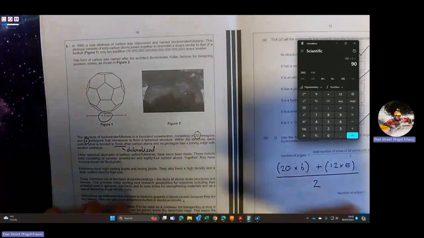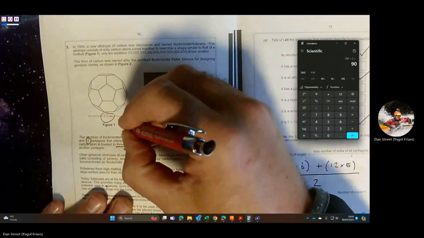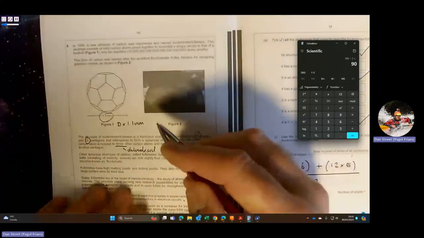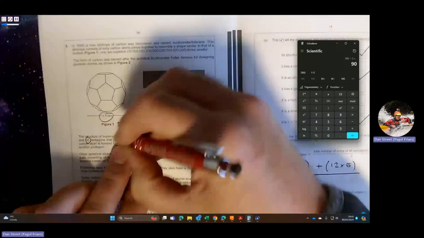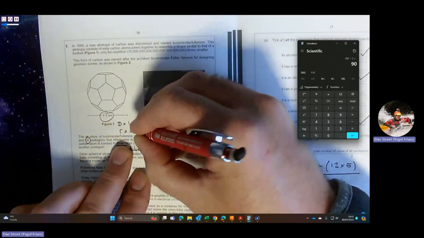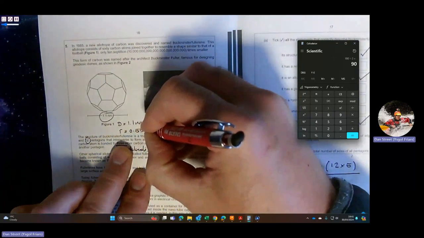However, if we refer back to the original information, we're told that the diameter is 1.1 nanometers. So if the diameter is 1.1 nanometers, I'm sure from maths you know that the radius is going to be 0.55 nanometers.